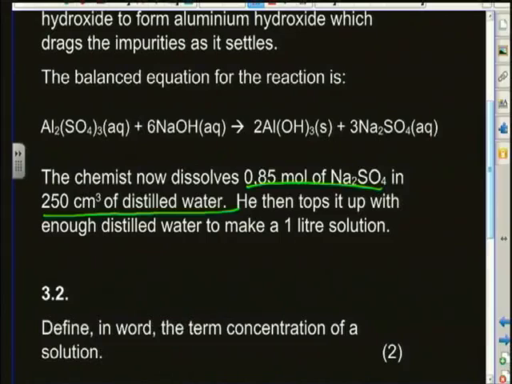Define in words the term concentration. Like I said, those are one of the things where you go, really? 2 easy marks. Think about it. 2 marks out of 150, that's 1%? Doesn't sound like much, but when there's 5 of these questions, that's 5 to 10% of your exam is going to be things like this. Make sure you know it.